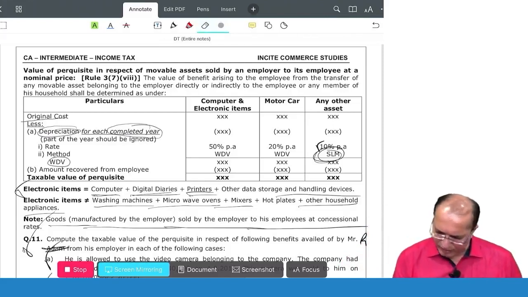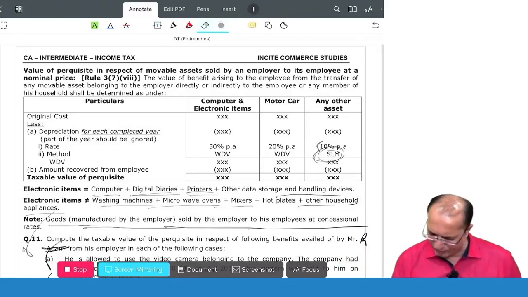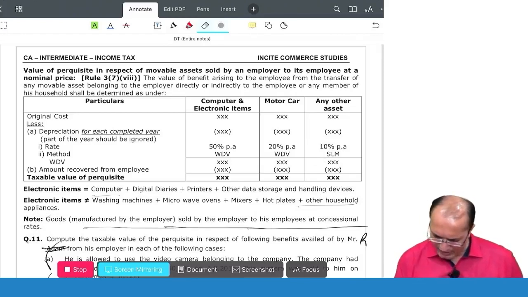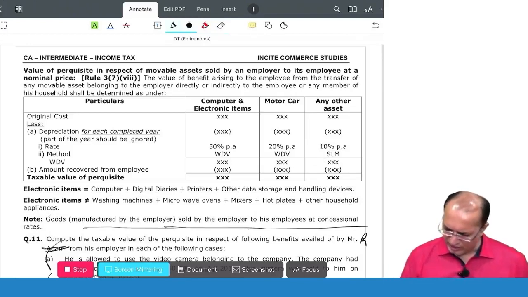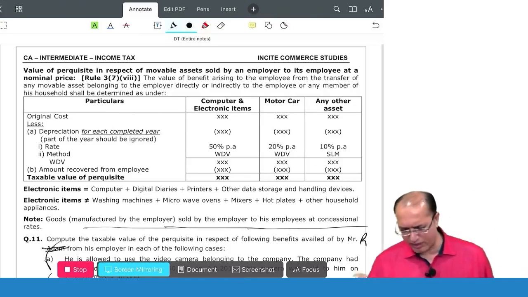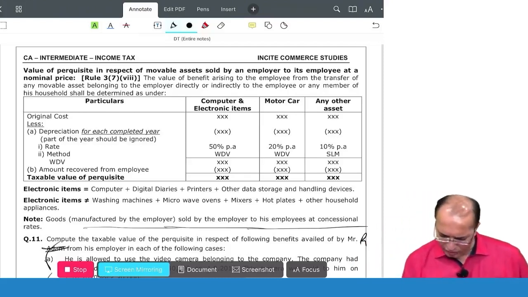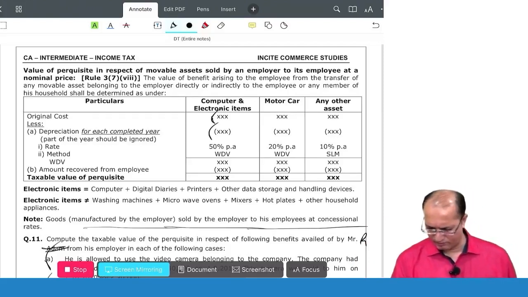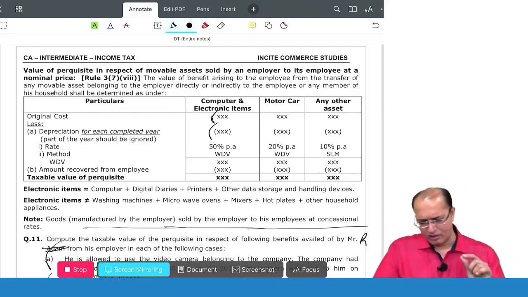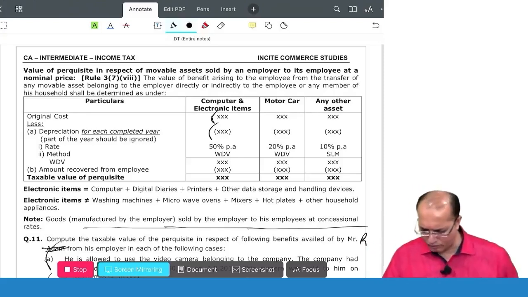So whenever the employer has given you an asset, either free of cost or at a concessional price, in that case you have to make a working note the way you used to make in the depreciation chapter in accountancy. You take the original cost, from that you deduct depreciation from the date of purchase of the asset by the employer till the date the asset is transferred to you.